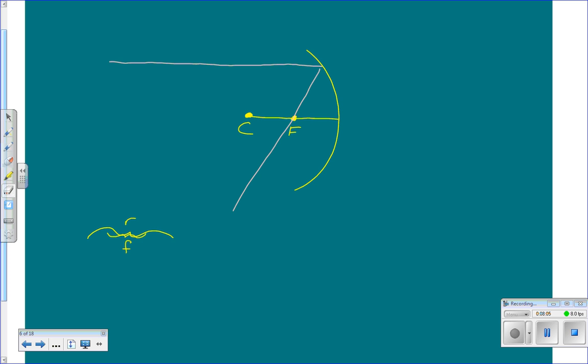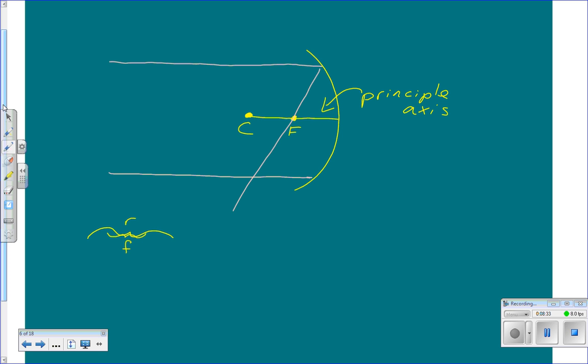If we have a distant object like a star, something way out there in the universe, all of the rays are going to end up being parallel to the principal axis, which is this line right here that we've drawn to the surface of the mirror.